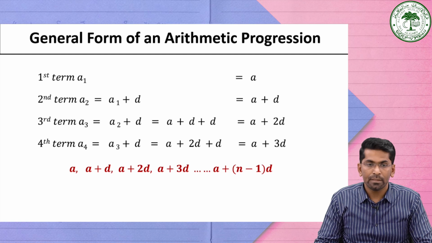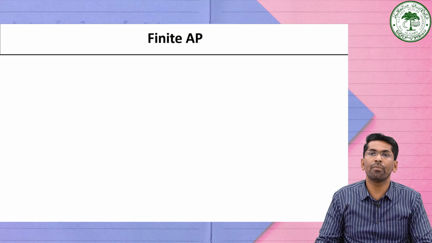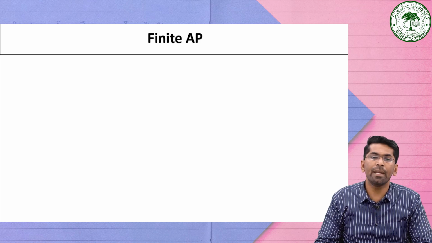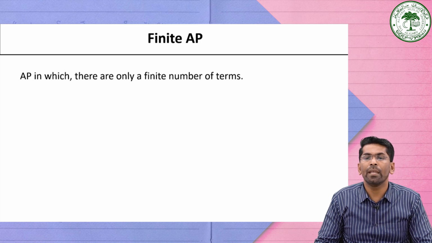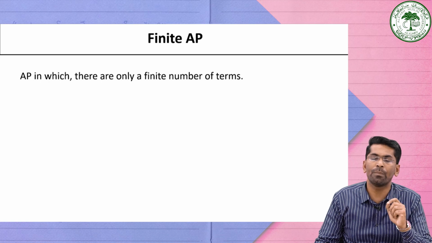Now we will consider another type of progression. We have a finite arithmetic progression and an infinite arithmetic progression. An arithmetic progression in which there are only a finite number of terms is called a finite AP, or finite arithmetic progression.